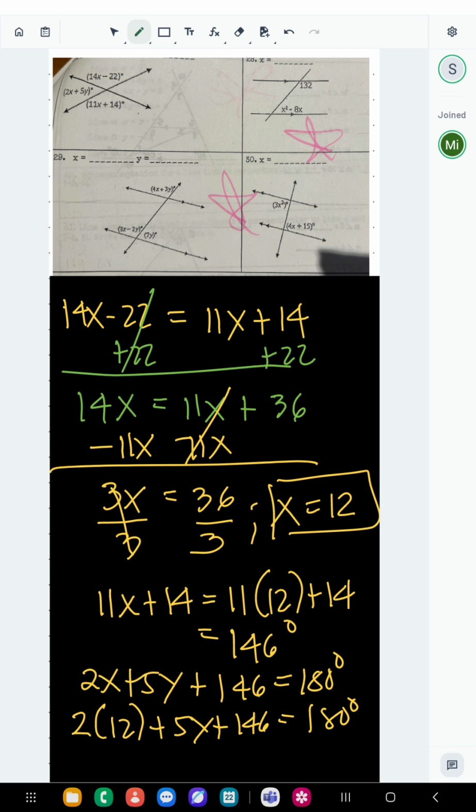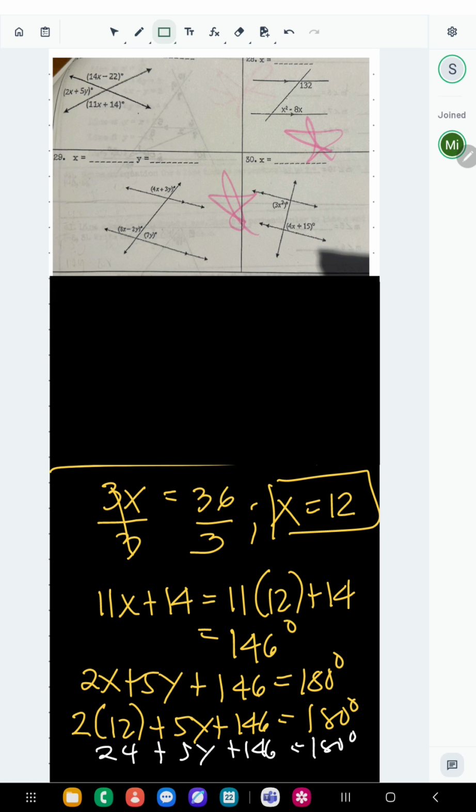Yes. We already got x equals 12. So 2 times 12, that is 24, plus 5y plus 146 equals 180 degrees. Okay. So that would become 5y equals 180 minus 146 minus 24, right?